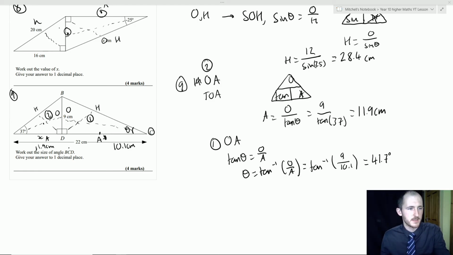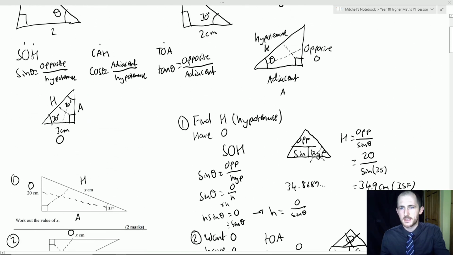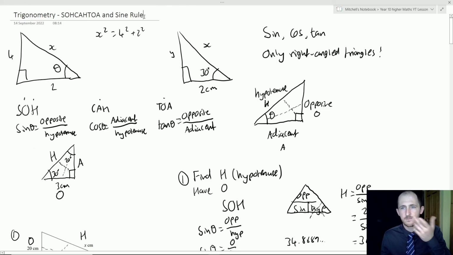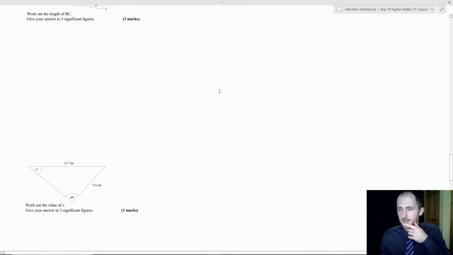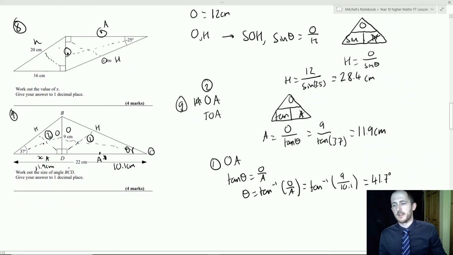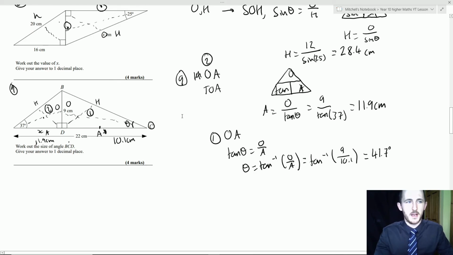We start this with SOHCAHTOA, we'll save that as that. The sine rule might take a bit of time, so if we say this lesson was SOHCAHTOA, we can continue from this, because I don't think we have time to go through the sine rule as well. It's a whole new concept and we only have 15 minutes left. So I think we won't do that today.